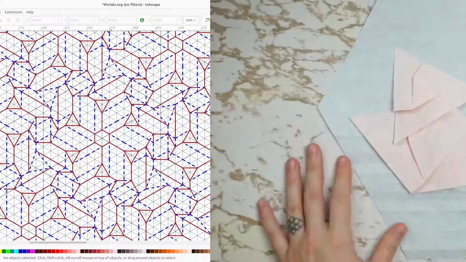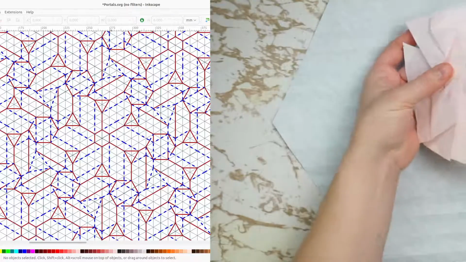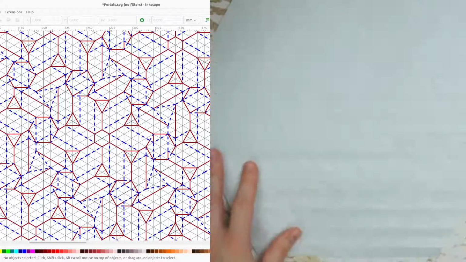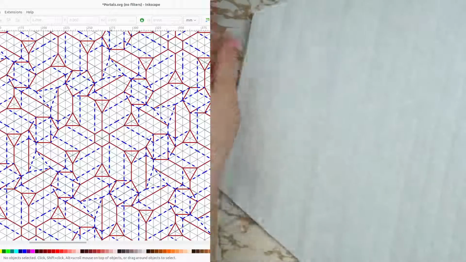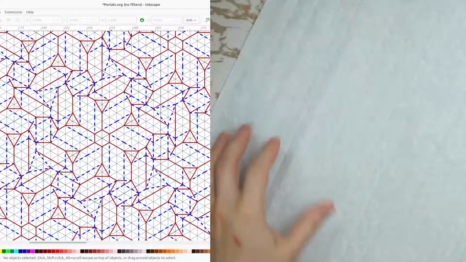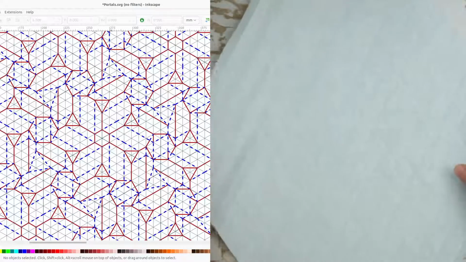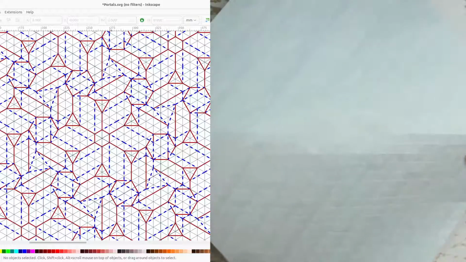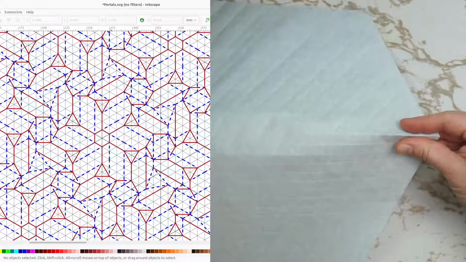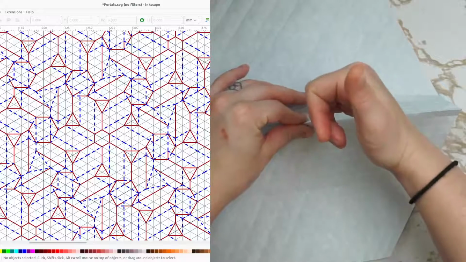We're going to grab our paper here and start with that central hexagon. So with a closed hexagon twist, I don't even really need to find the center of the paper first. I'm just going to find the right-hand corner, and I'm going to make sure to do this twist right-handedly.